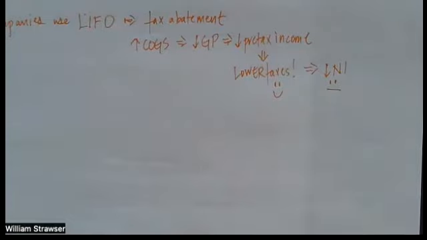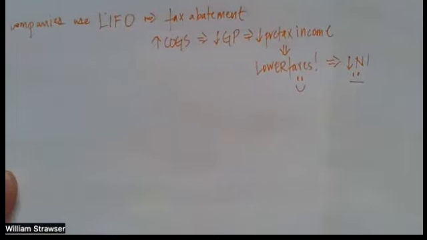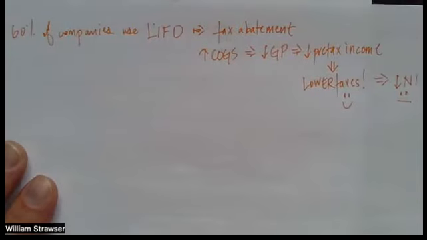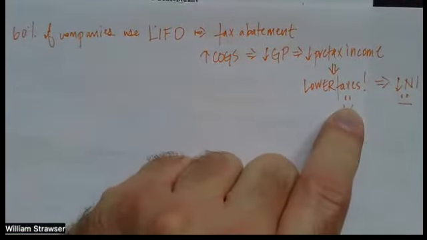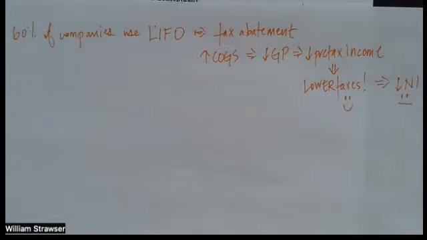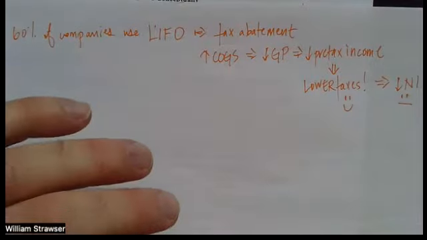So why is it that companies are willing to kind of take a hit on net income to get lower taxes? And the rationale behind it really is that I have to pay my taxes in cash, right?